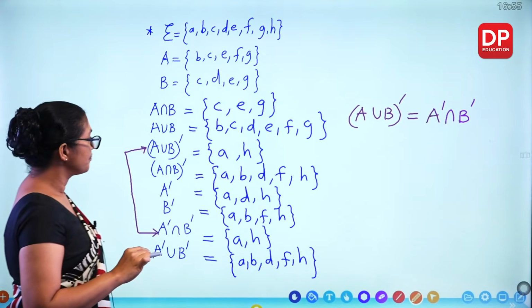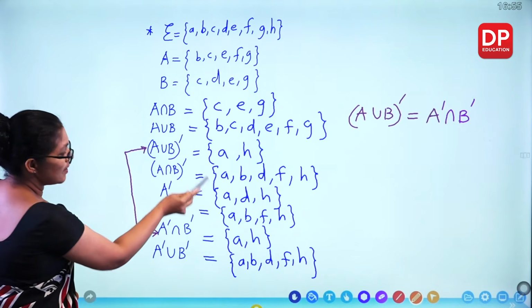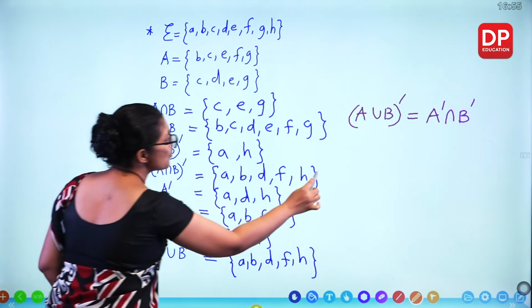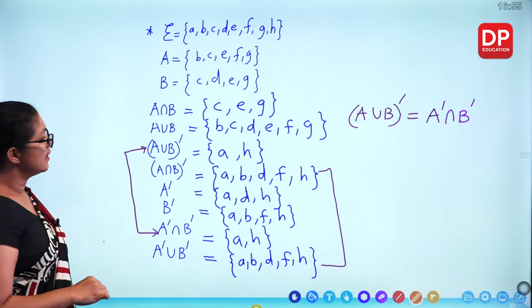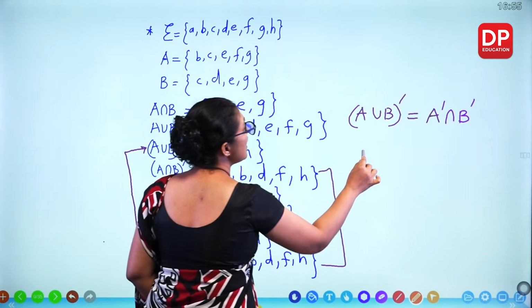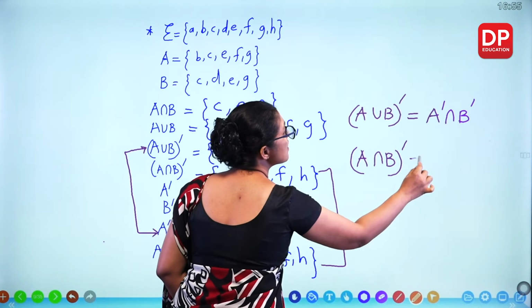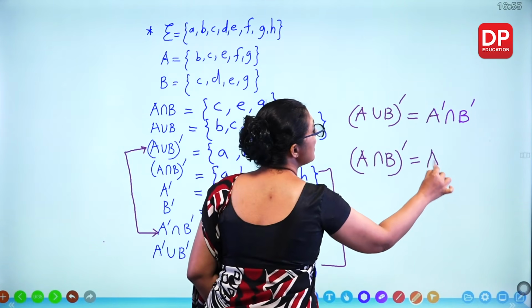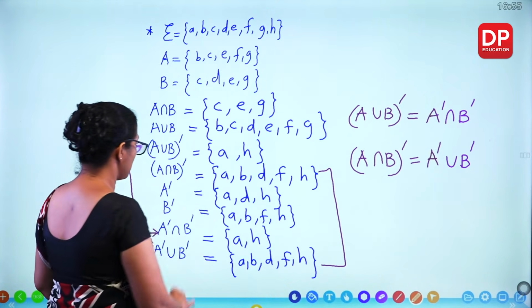What else? What are the other things I can equate? Can you see these two? These two are also equal. I can write A intersection B dash is equal to A dash union B dash.